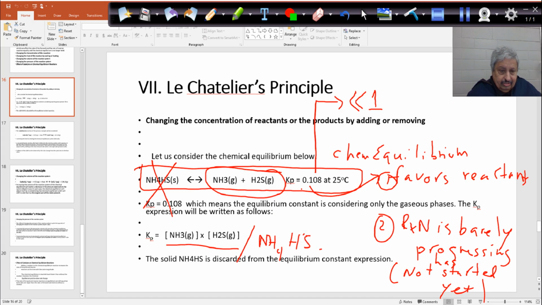Because it's solid, you don't consider it. It is out. So this is the only one. Kb is this, and it's less than 1. Then it favors the reactant side, and the reaction has barely started or is barely progressing. Correct? So we discard this solid stuff.